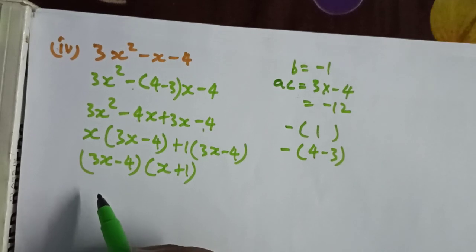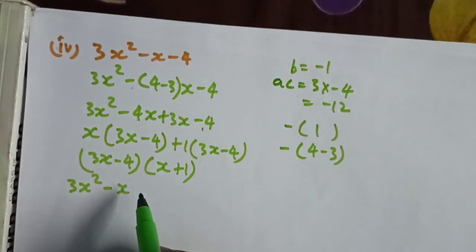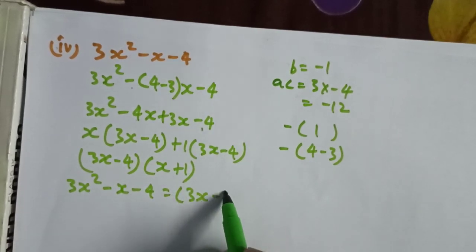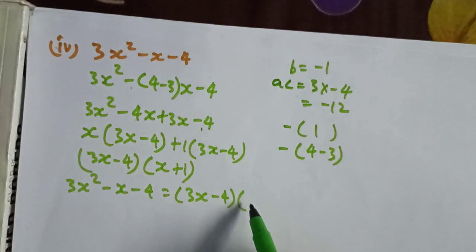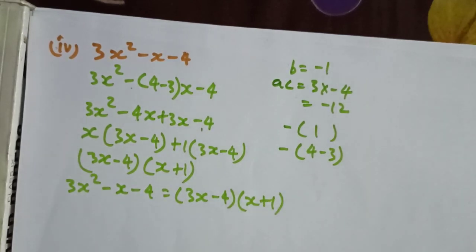So we have got the two factors of the given quadratic polynomial 3x square minus x minus 4 as the product of 3x minus 4 and x plus 1. So like this you can do the factorization of any other quadratic polynomial by the splitting middle term method.